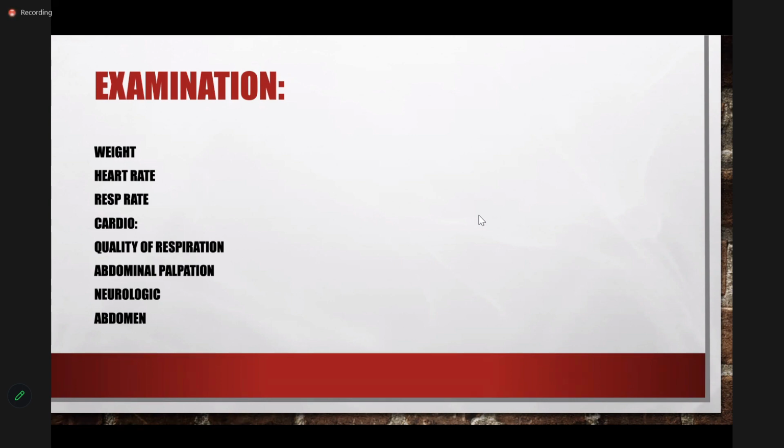Okay, so what's happening if the valves are damaged? What's happening with the heart? What is the purpose of the valve? To avoid backflow. Very good. So if the valves are damaged, what happens with the flow?